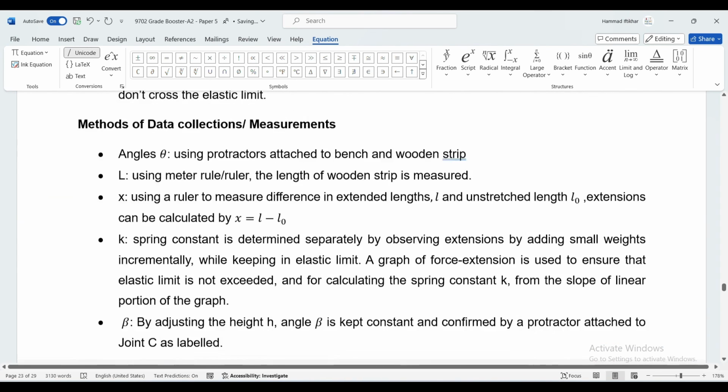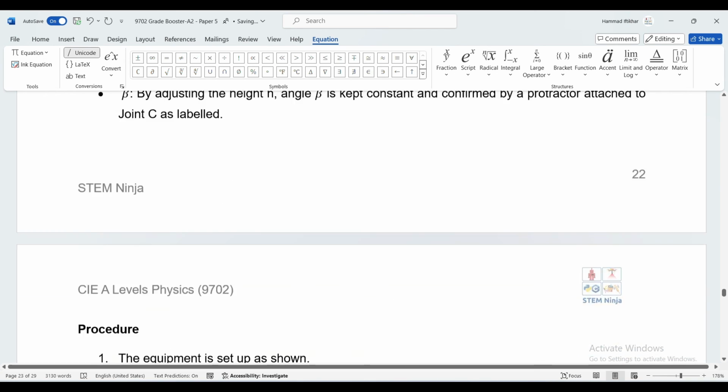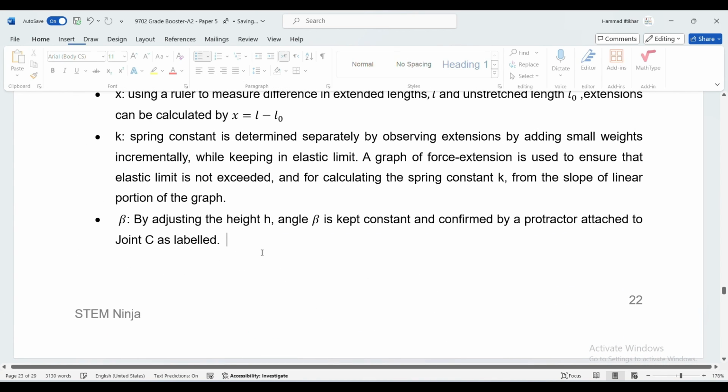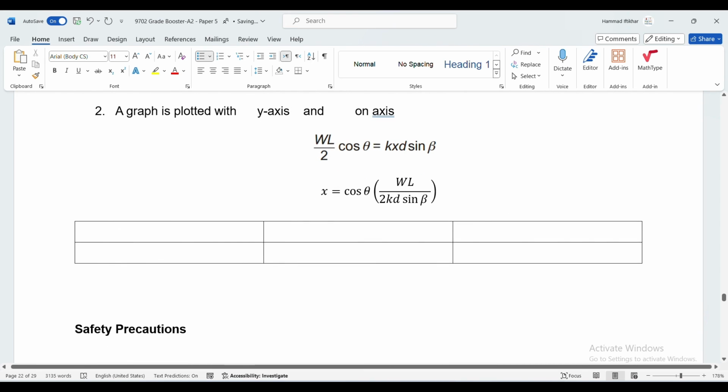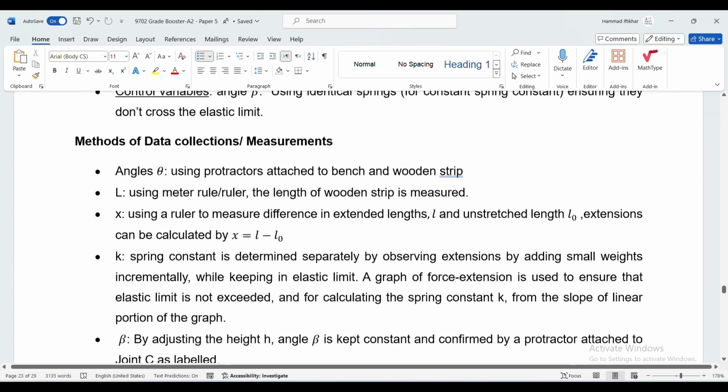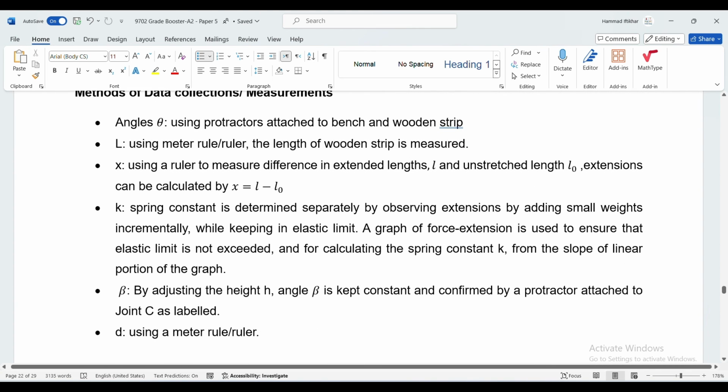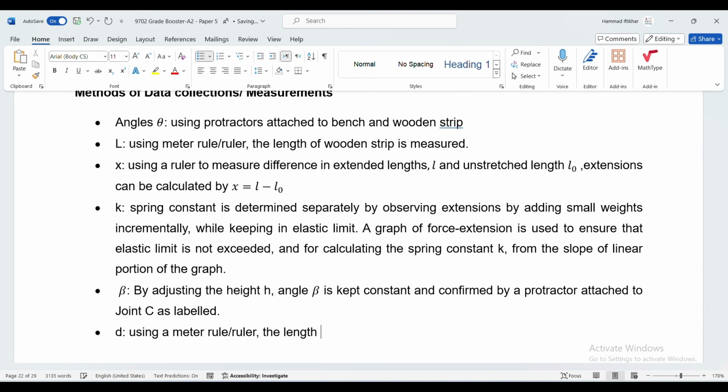Oh, sorry, I forgot about the D. D is measured using a meter rule or a rule. Okay. So L was our length. The length from joint P to C is measured.